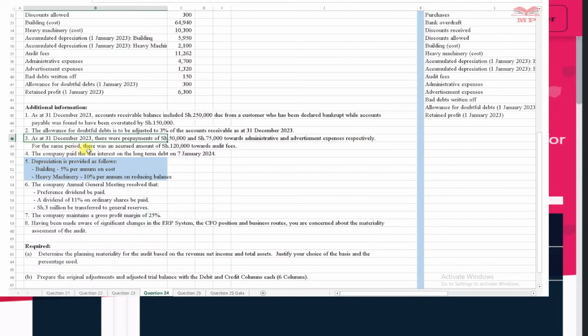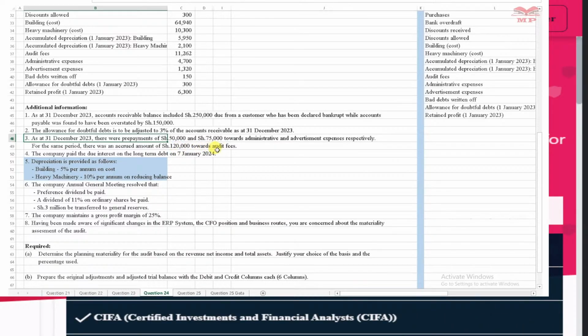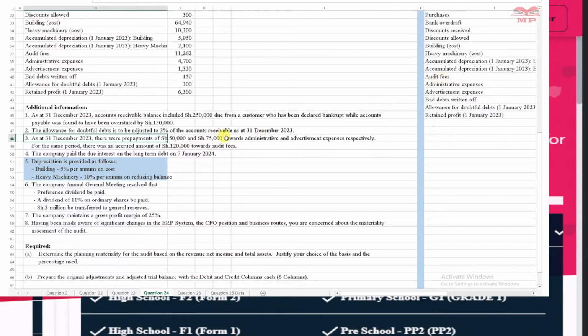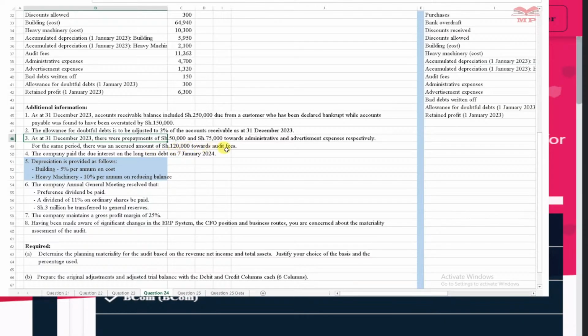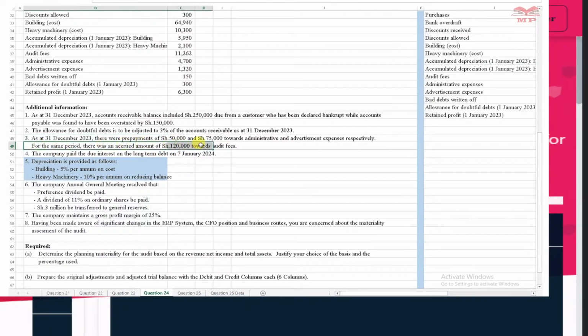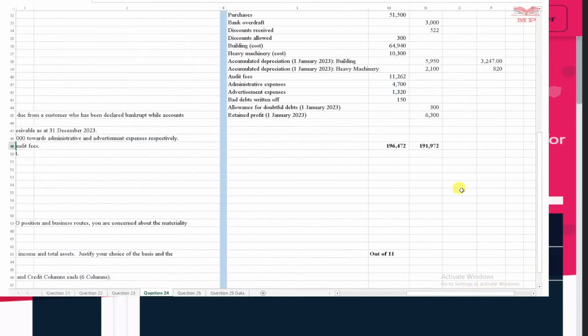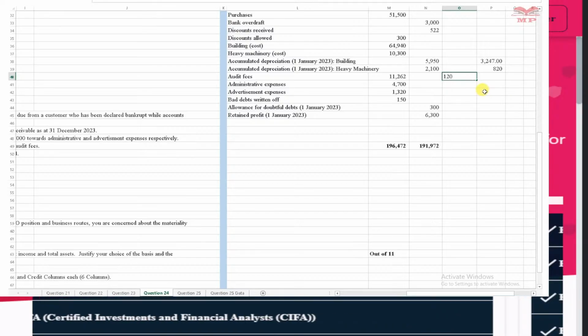For the same period, there was an accrued amount of 120,000 towards audit fees. So audit fees right over here, and you can see 120,000 towards audit fees. I can highlight that one with your permission, and then we say that this audit fees is going to be 120,000. 120 right there.